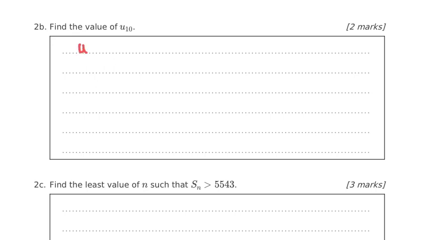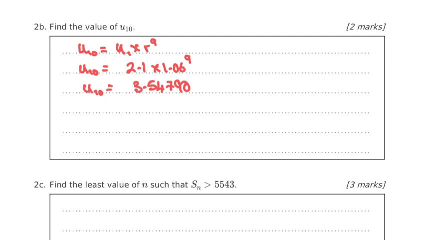Well, U10 is equal to U1 times R to the 9. So U10 is equal to 2.1 times 1.06 to the 9. So U10 is equal to 3.54790, which equals 3.55 to 3 significant figures.